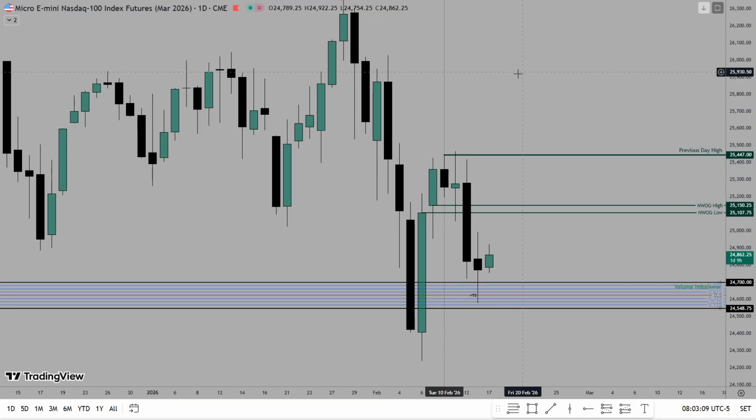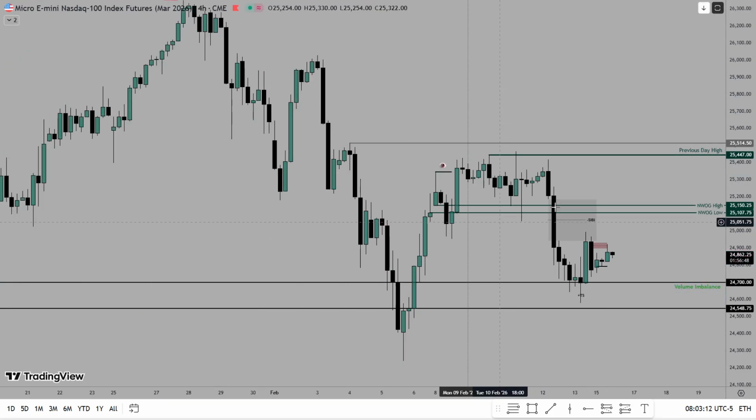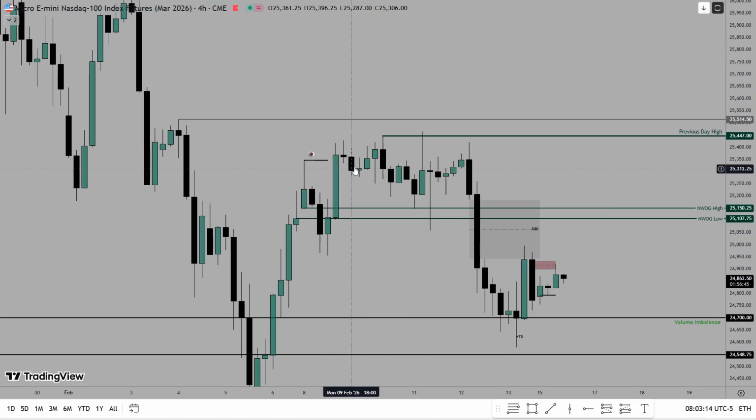Remove this, and go to the 4-hour. The 4-hour opened, traded inside this candle, took out this candle's high, and traded lower.